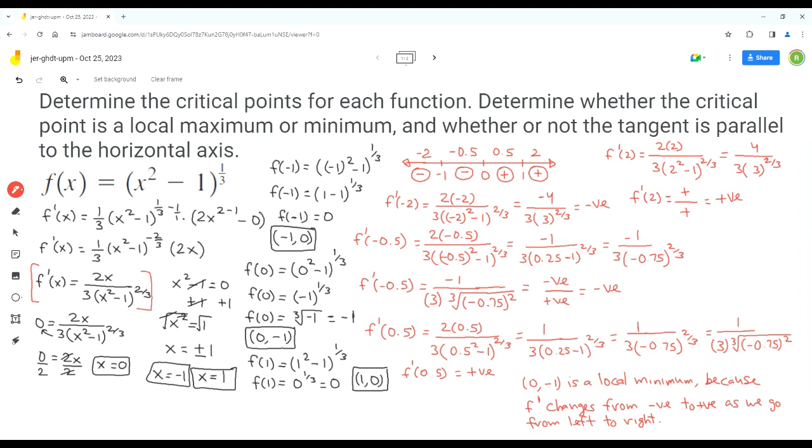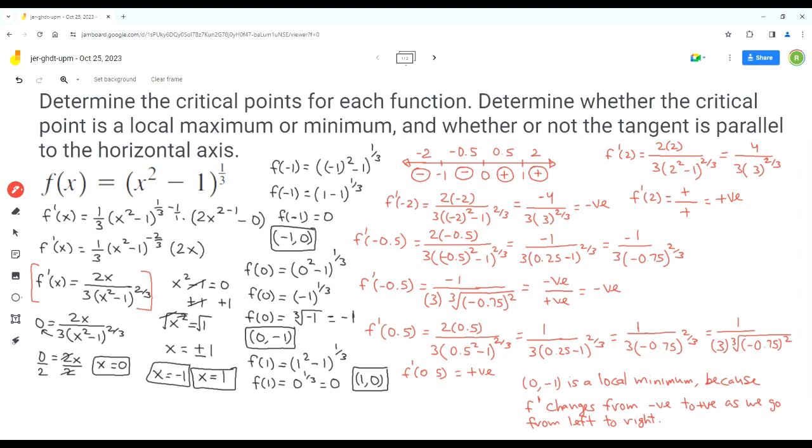Now at the other two critical numbers, the sign of prime of f is not changing. So that's why the other two critical points do not represent a local maximum or local minimum. So we can write a concluding statement for that.